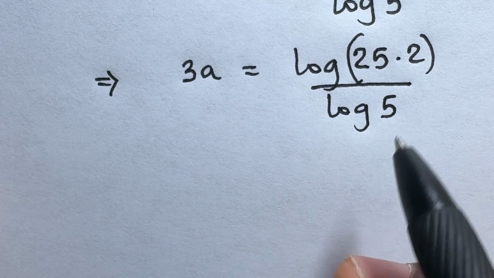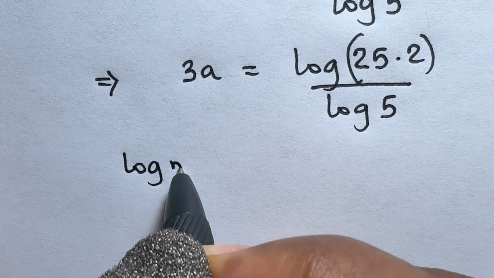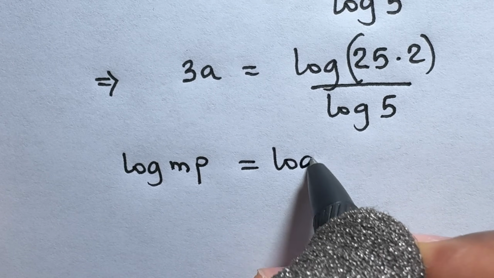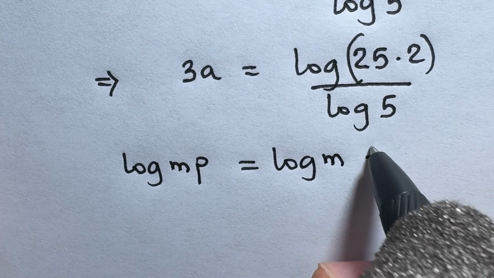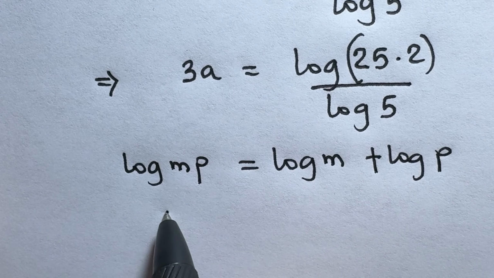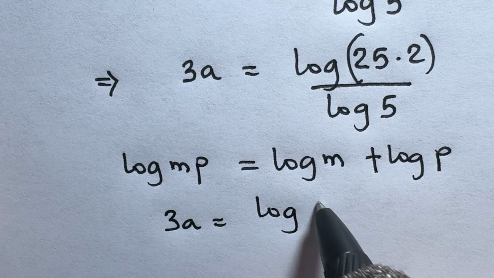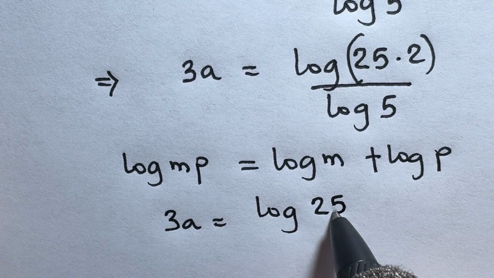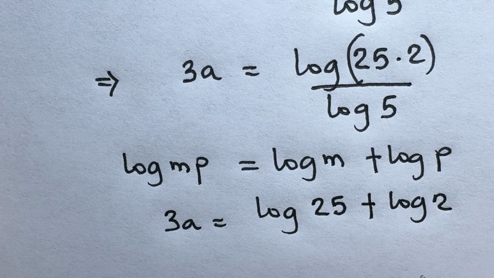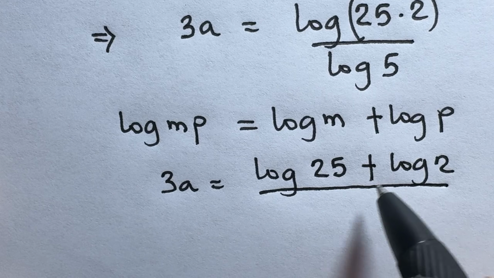Log 25 times 2 is of the form log m times p, which by law of logarithm will give us log m plus log p, giving us 3a is equal to log 25 plus log 2, then divided by log 5.